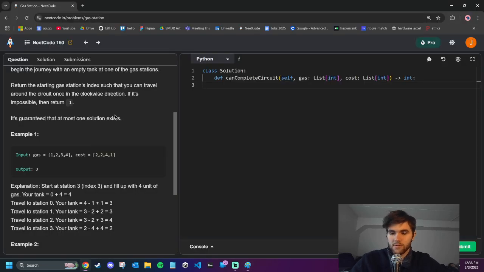Okay, so the solution is 3. So that's the index, so this is the only place we can start such that we can complete the circuit.